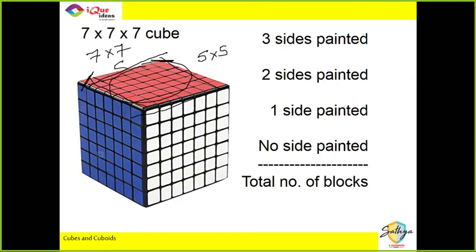That means 5, 5, 5 and 5, so total 20 in the top layer. So 20 in the top layer, 20 in the bottom layer, and there are 5 middle layers, and each middle layer always has 4. So 5 4s are again 20. So total 60.